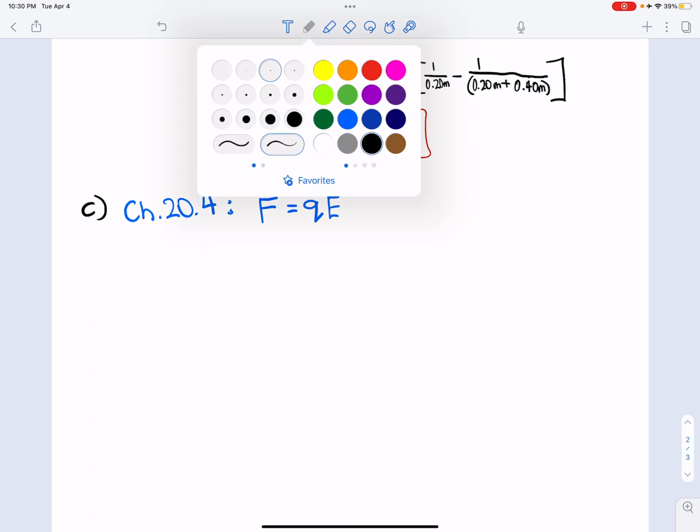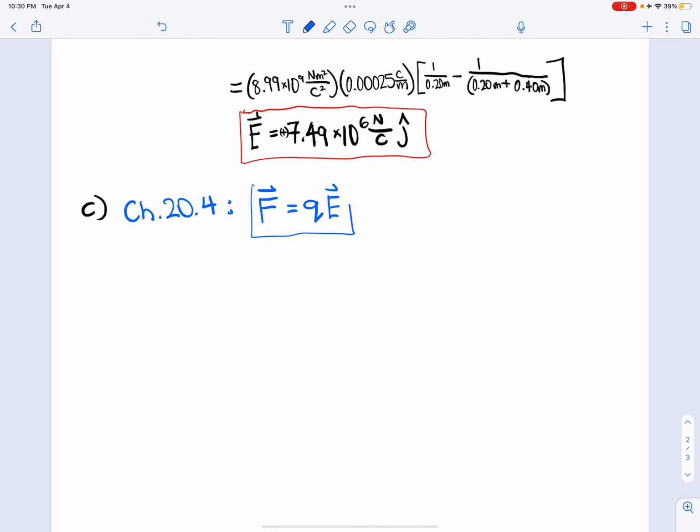All right. So again, these formulas that I write in blue ink, it's something that I think you should have in your cheat sheet or just know it by heart, okay? I'll just write this down. So this is the electric force. This is the point charge.